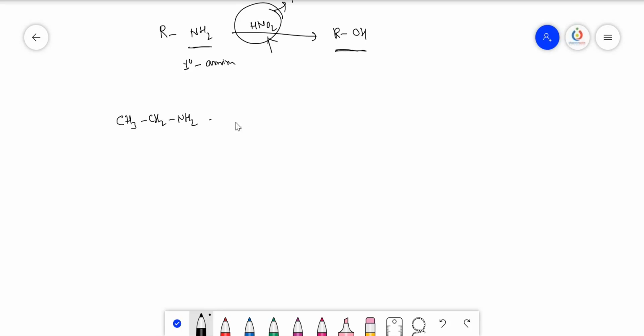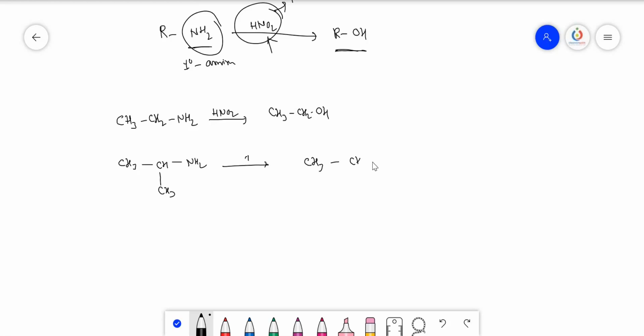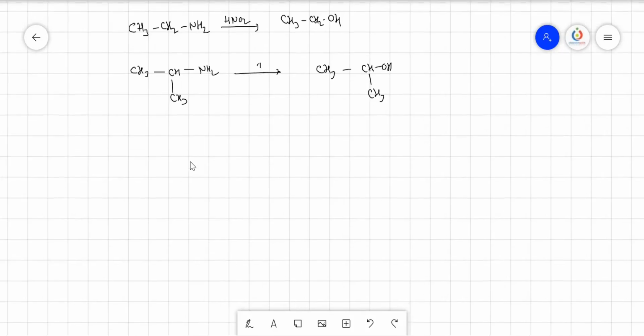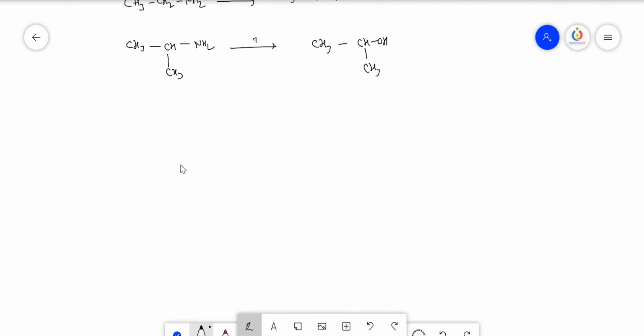So CH3CH2NH2, you just add HNO2, so it gives CH3CH2OH, a primary alcohol. And take this one also, CH3CHNH2CH3. NH2 is the primary amine, not NH. So use HNO2, so that CH3CHOHCH3. You must remember one thing, that no rearrangement takes place during the course of the reaction.